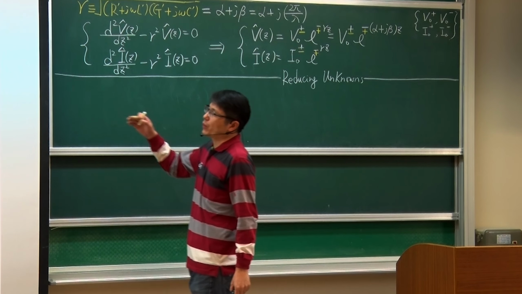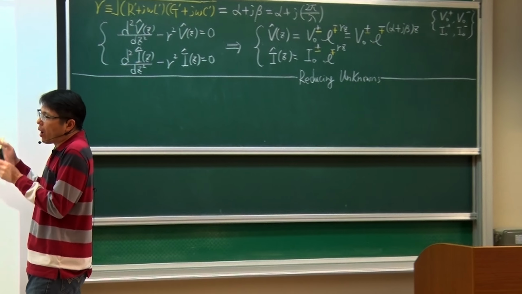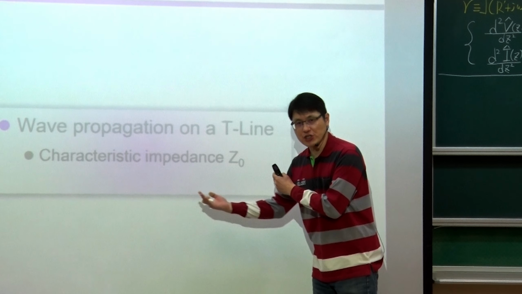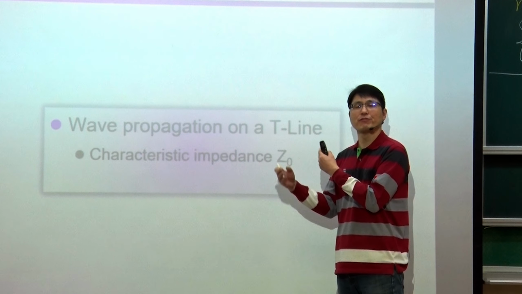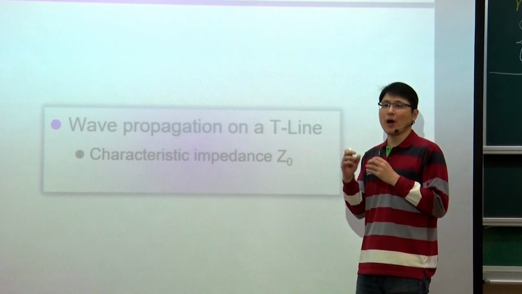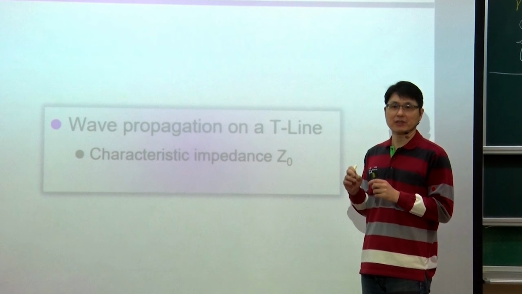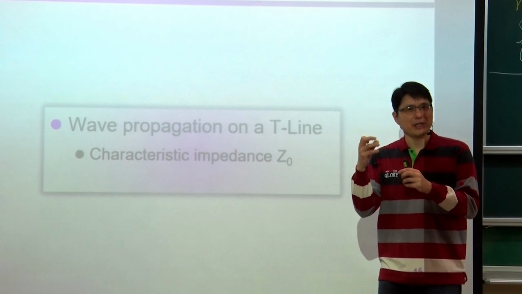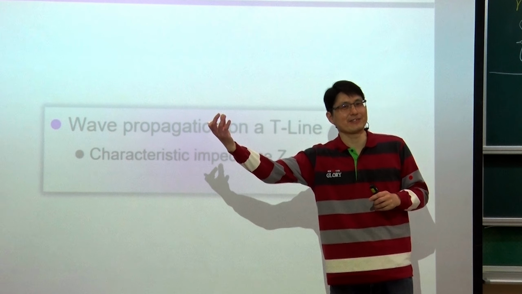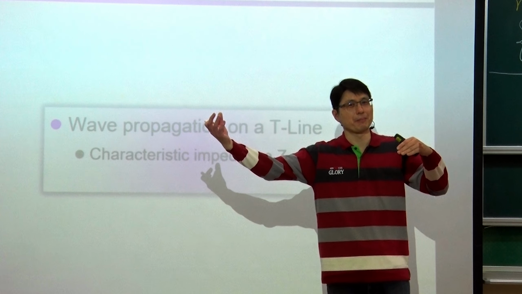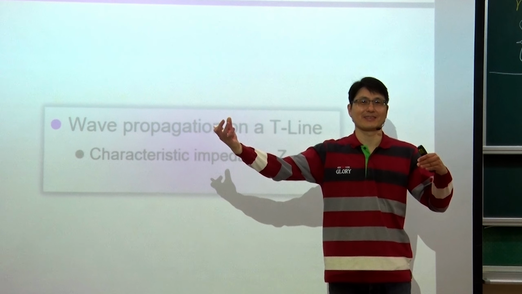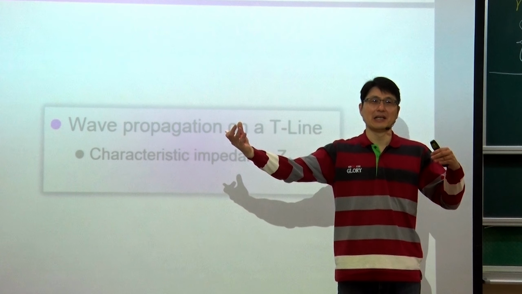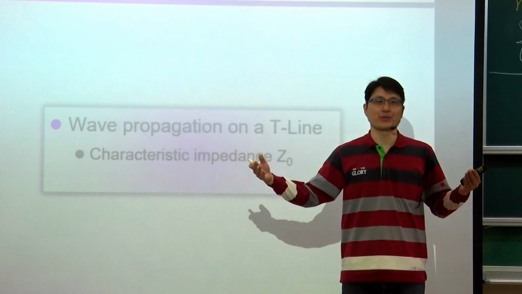So let me ask you one question. I want to perform some kind of definitions. I want to define some more variables to help me reduce the number of unknowns. Does that sound reasonable? I'm introducing one more stuff, and that could help me reduce the number of unknowns. Sounds like a contradiction, but that's what happens in engineering.